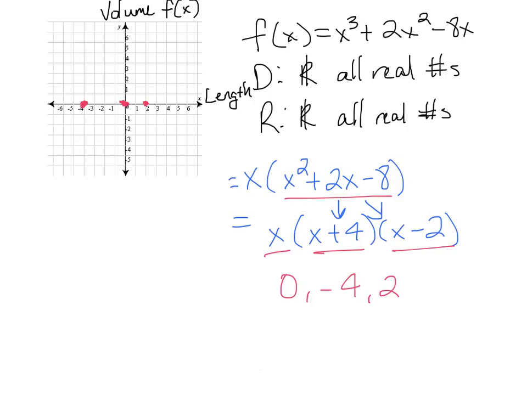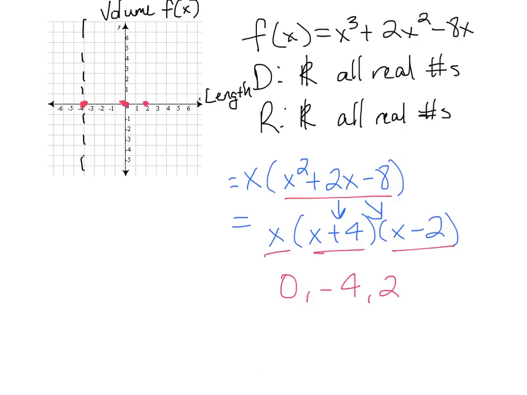Now, the question is, how do I know what the graph looks like exactly? This is where I will need to build a table of some type to find my other points. I know that there are going to be different intervals at the zeros that I'm going to be specifically checking.